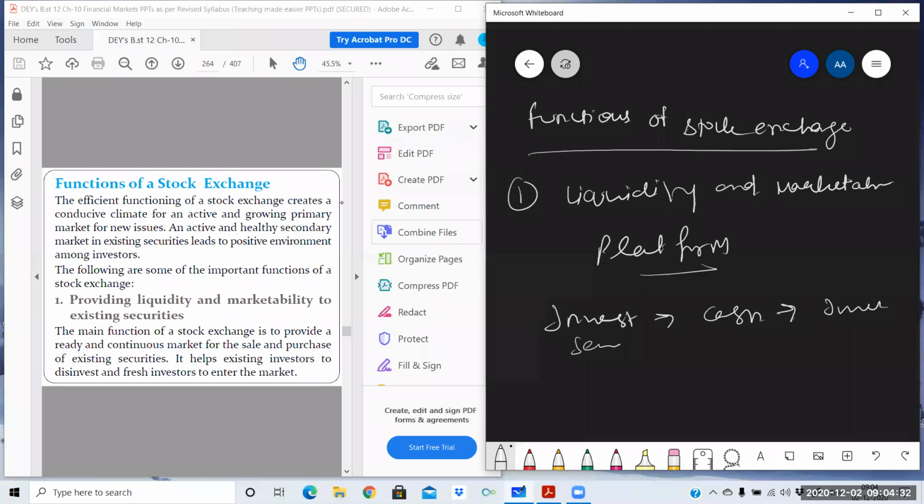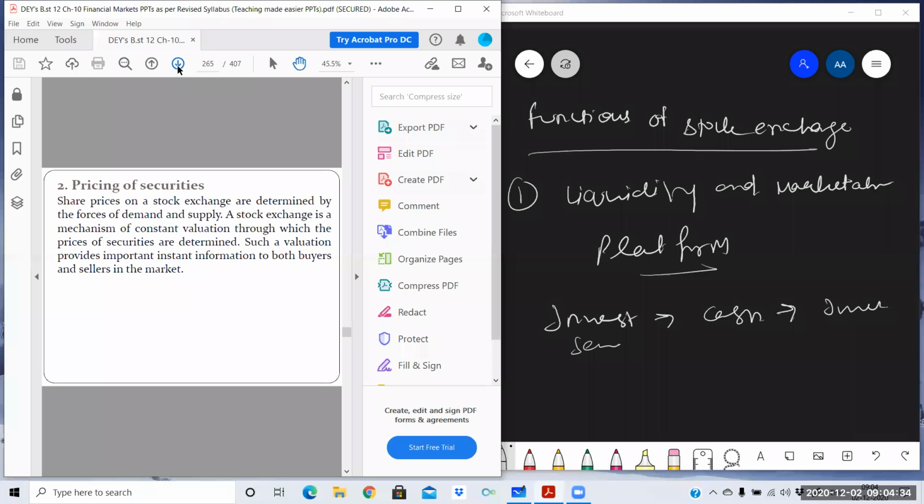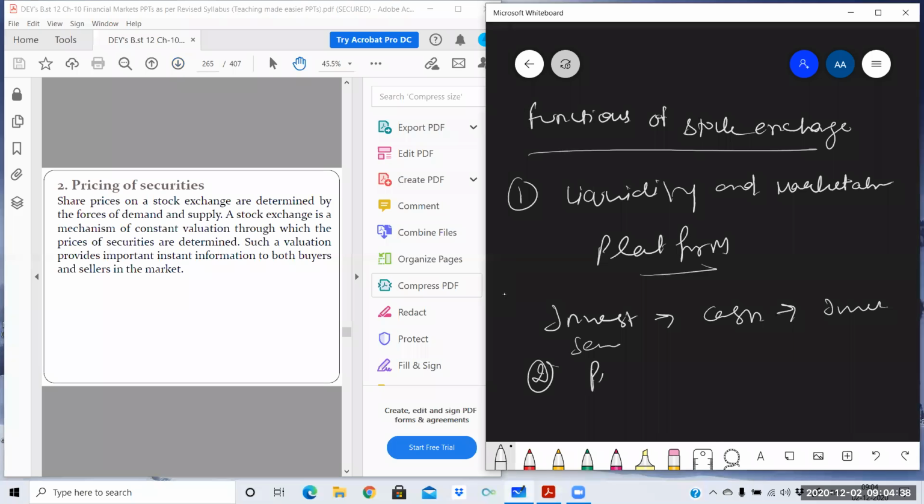So the second function of the stock exchange is pricing of the securities. You all know that pricing is done with the help of two well-known market forces, that is demand and supply. So in the stock exchange also, the prices of various securities are decided on the basis of demand and supply factors.